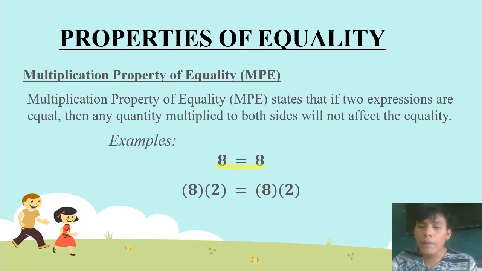When you multiply 8 by 2 and also multiply the right side by 2, as you can see, the quantity multiplied to both sides does not affect the equality. 8 times 2 is 16, and the other side, 8 times 2, is still the same, which is 16, and they are still equal.